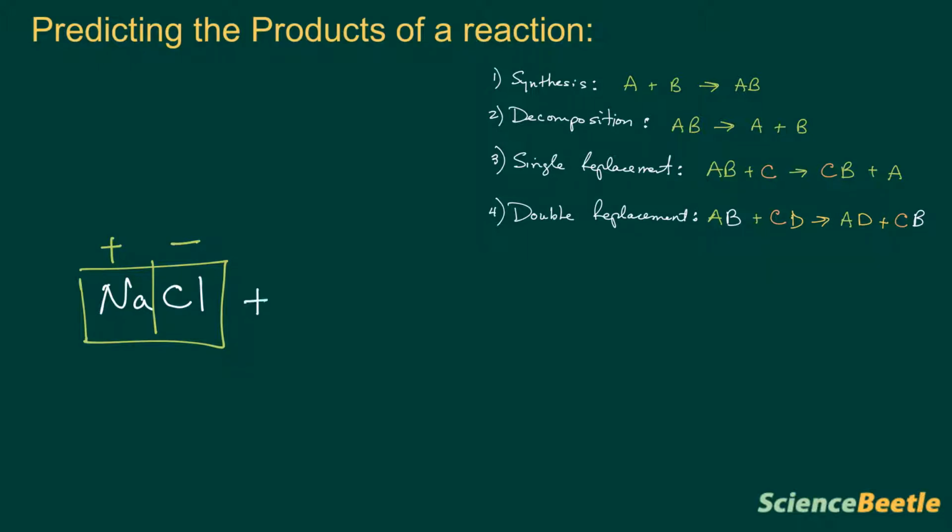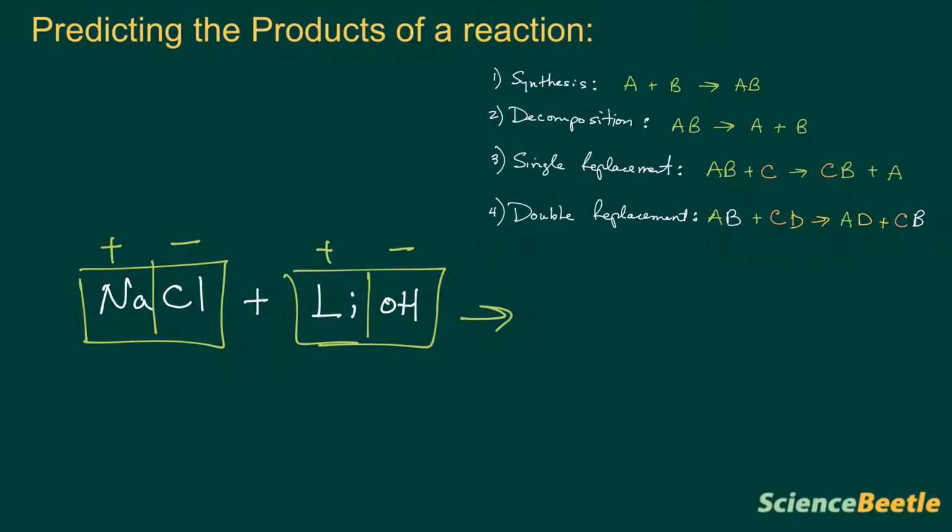Let's say that this combines with another compound. Let's call this lithium hydroxide. And then we'll make the next box over here, positive and negative.